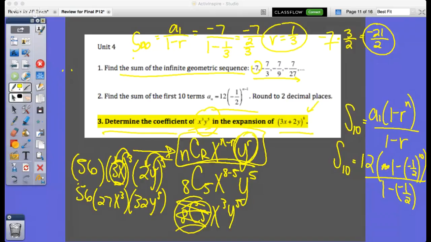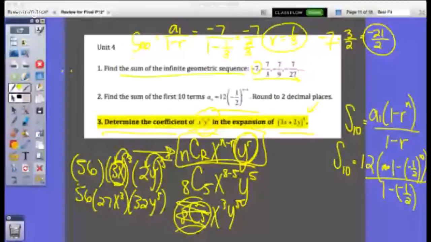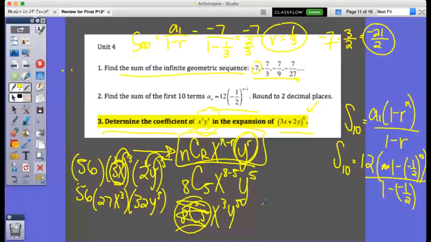However, notice I asked the last one a little bit differently. You'll notice this is the formula. I already said it's y to the fifth, so y is to the r power. Therefore, r is 5. Does that make sense? So it's a little different on this one than what it says in the formula sheet.